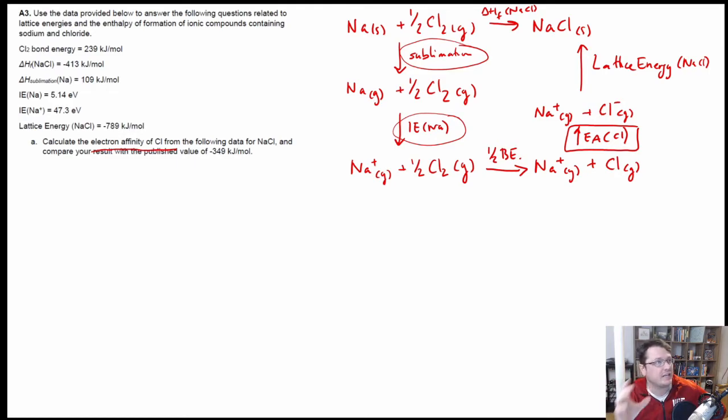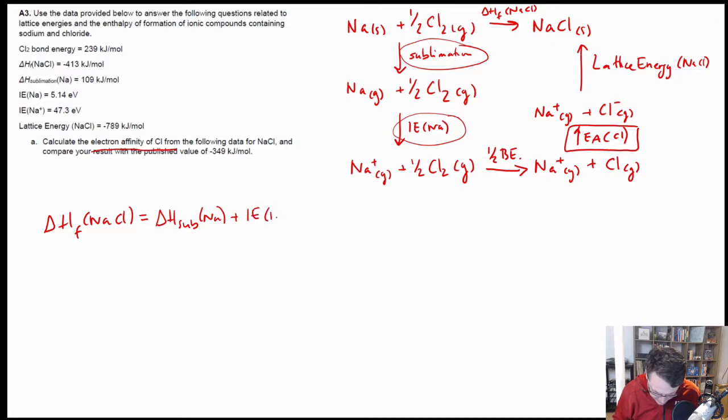So the delta H of formation is the summation of all of those different steps together. If we know everything except for one thing, we can then calculate what that one thing is. So if we set this up, we know that the delta H of formation of sodium chloride is going to have to be equal to the delta H of sublimation for sodium plus the ionization energy of sodium plus 1/2 of the bond energy of Cl2 plus the electron affinity of Cl plus the lattice energy.